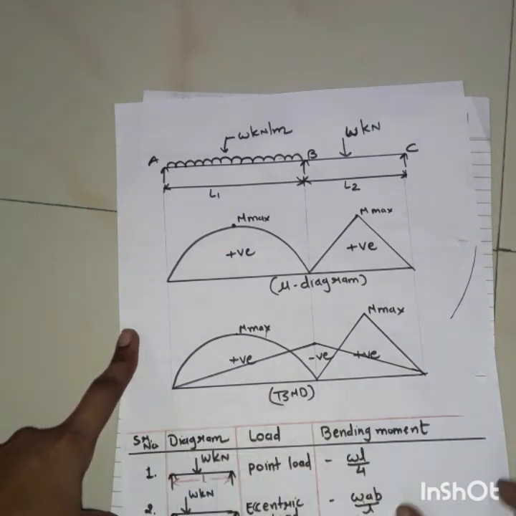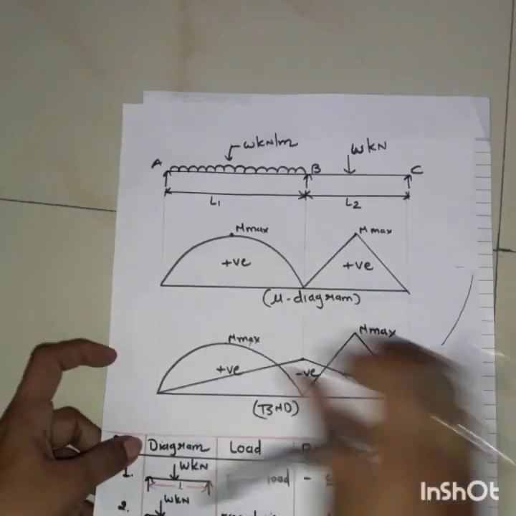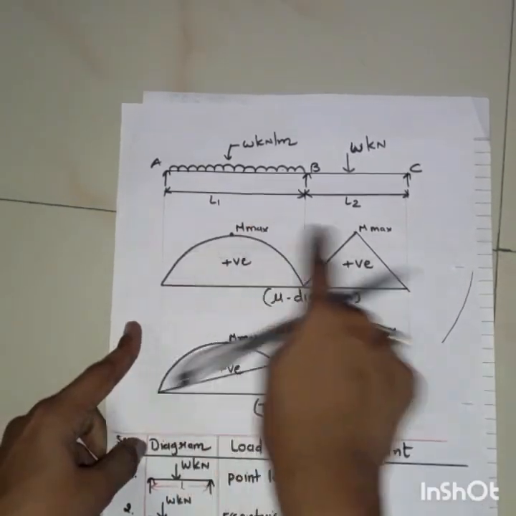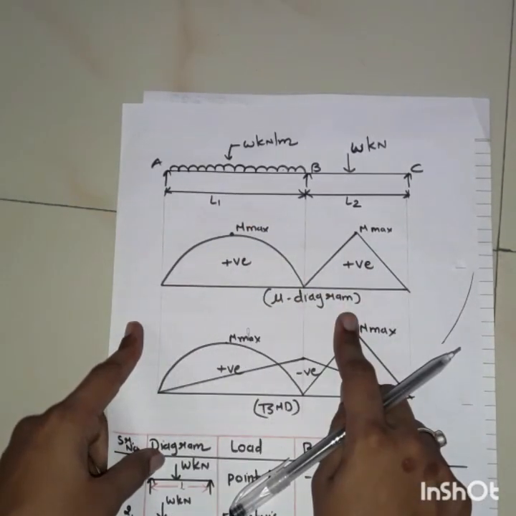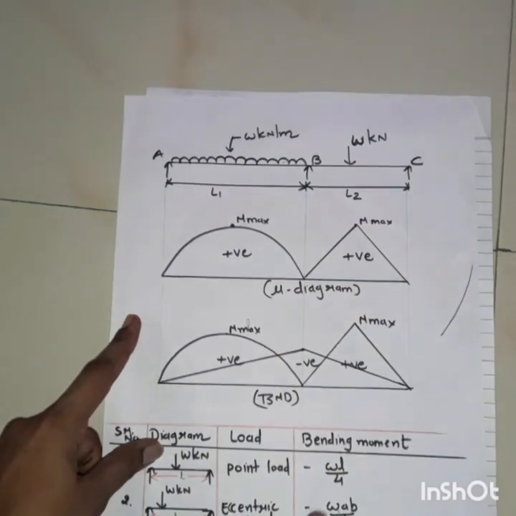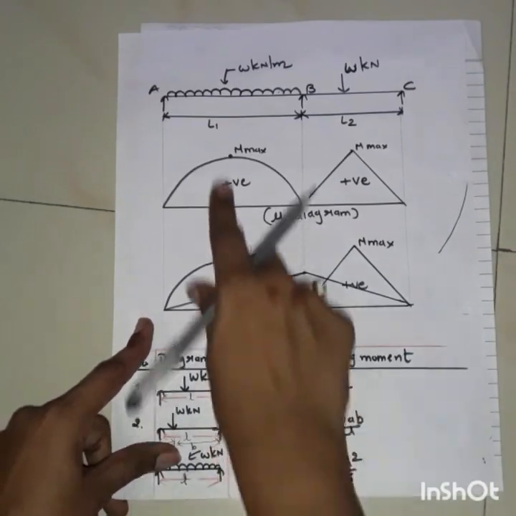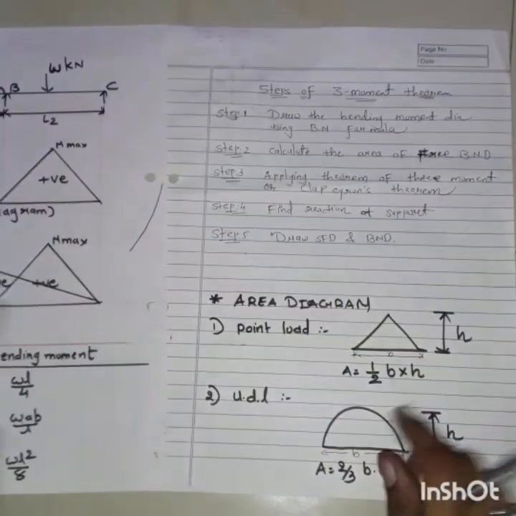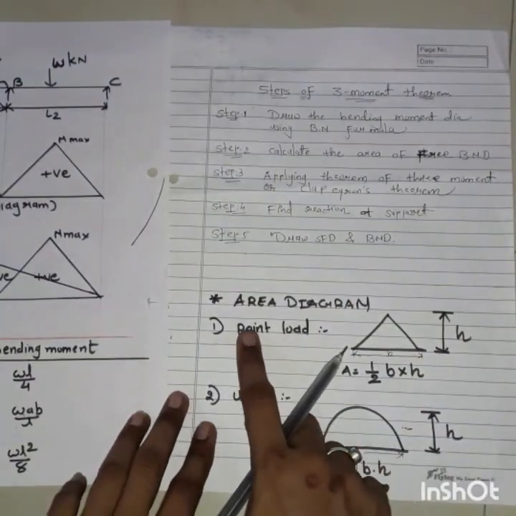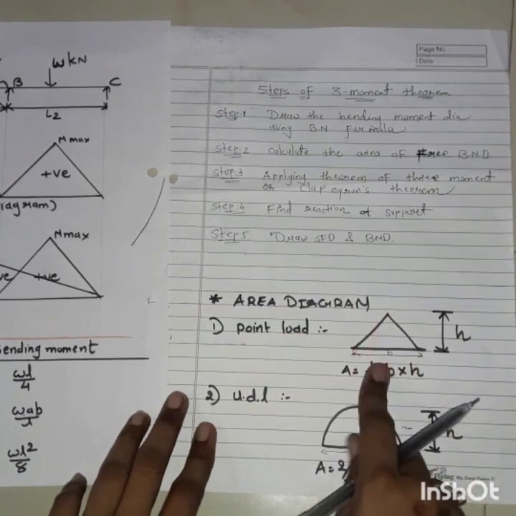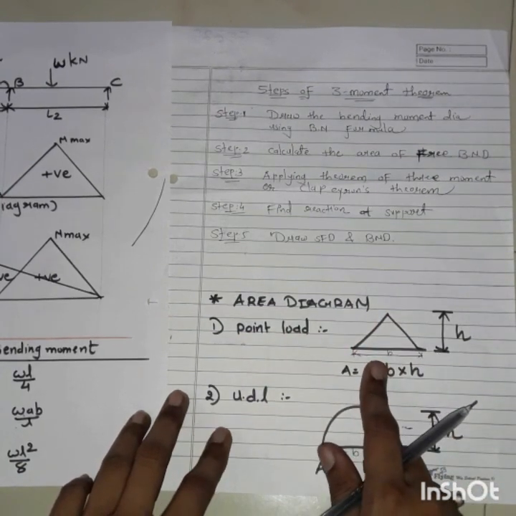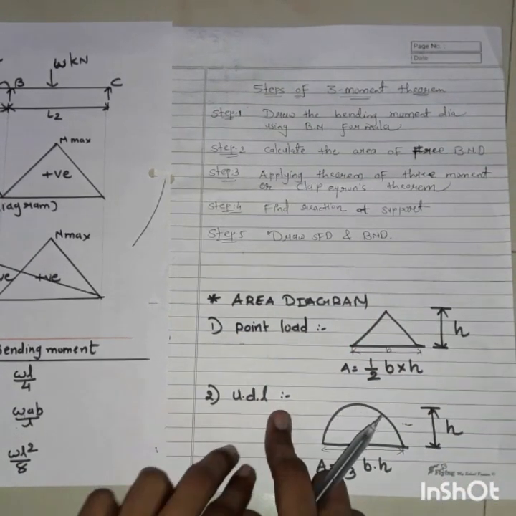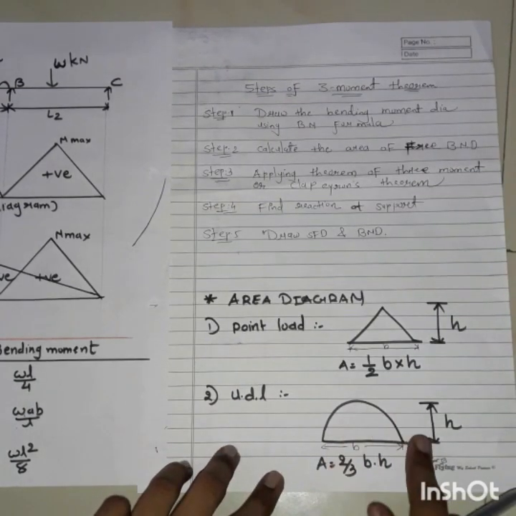For the area diagram, or mu diagram, once you calculate the bending moment for the beam, you can easily draw the diagram. For the point load the diagram is a triangle, and for the UDL you draw a parabolic curve.